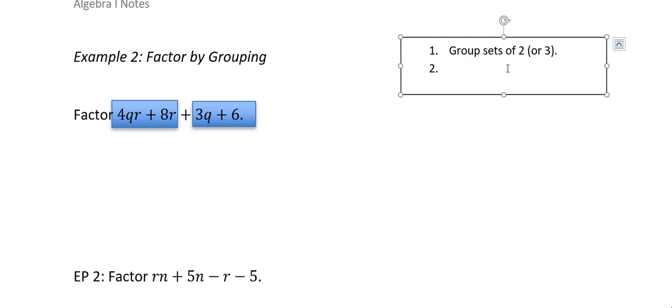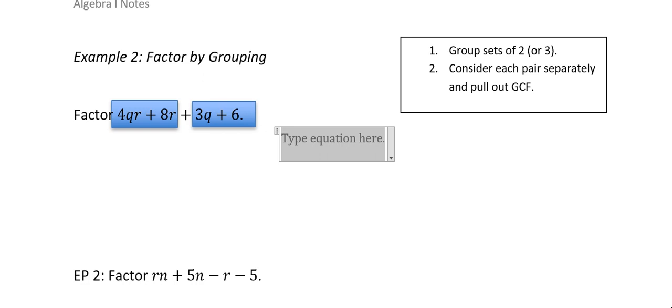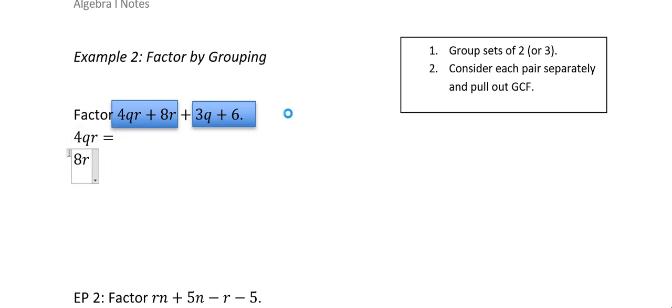Okay, so then you're going to consider each pair separately and pull out the GCF just like we did in the first section. So we have to do 4QR equals something, and 8R equals something, and find the GCF of those.